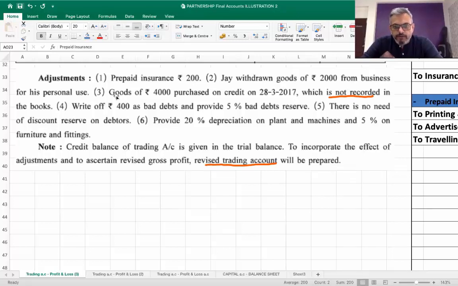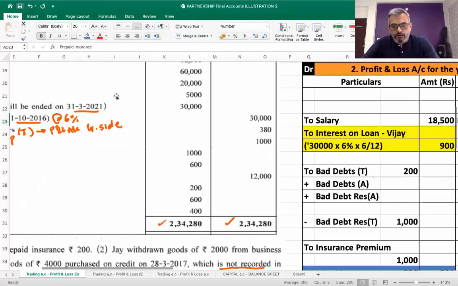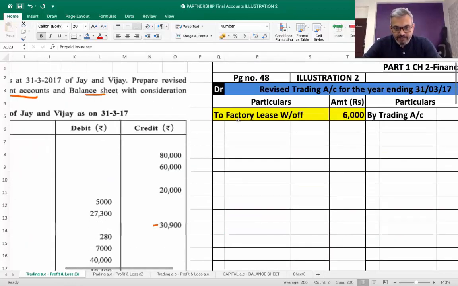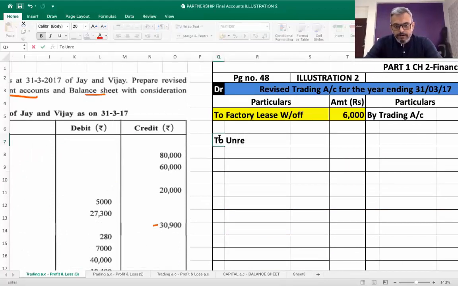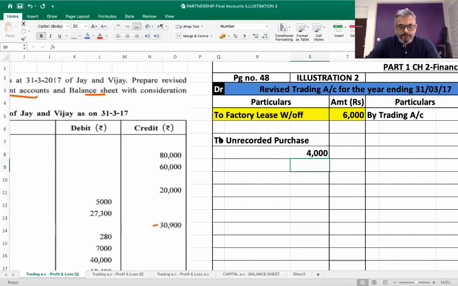Goods of 4,000 purchased on credit is not recorded in the books. So unrecorded purchase: we add to purchase and we add to our creditors. So revised trading account, debit side, to unrecorded purchase. We'll write this in the inner column because we have goods withdrawn, which we will adjust from here.